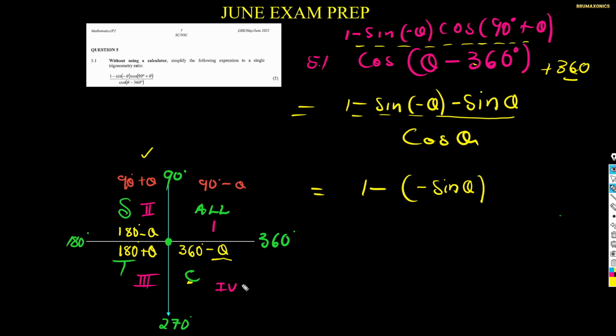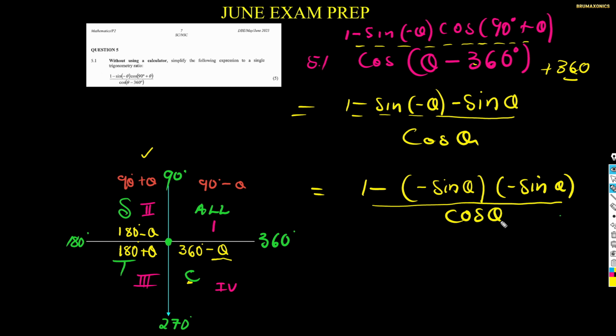I hope that as grade 12 learners, you do understand the CAST diagram, right? And then here I will write my negative sine theta again, and the multiplication of the two will give us positive, right?